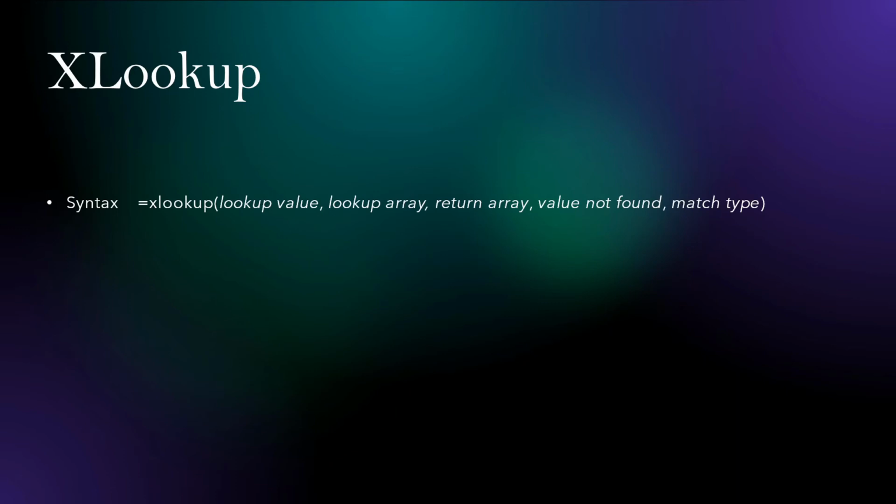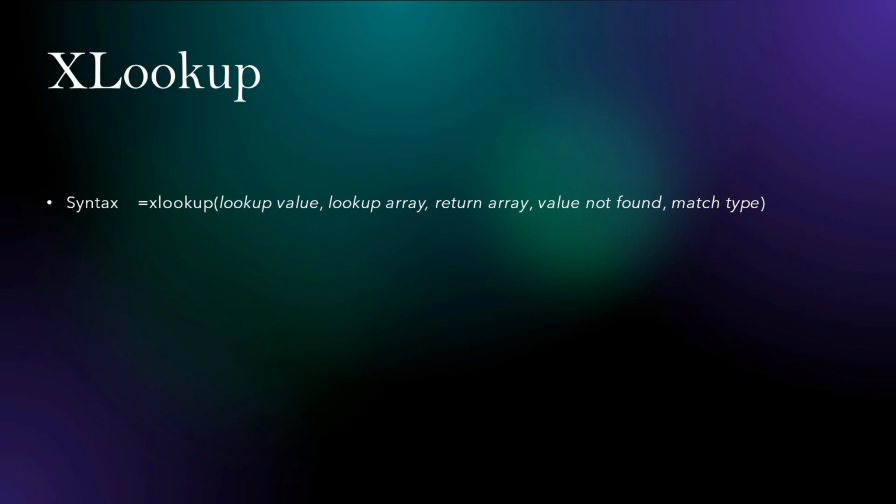And the way that the XLookup is written out is equal to XLookup, open up your parentheses, and you're going to have the lookup value, the same type of information that we had in the VLookup or the HLookup. It can be a static value or it can be a referenced cell. This time you're going to have a lookup array.